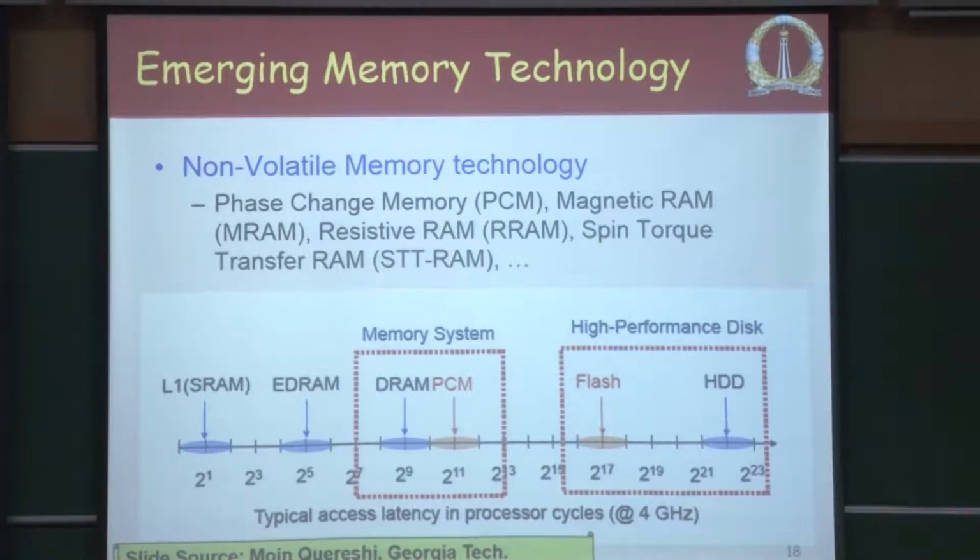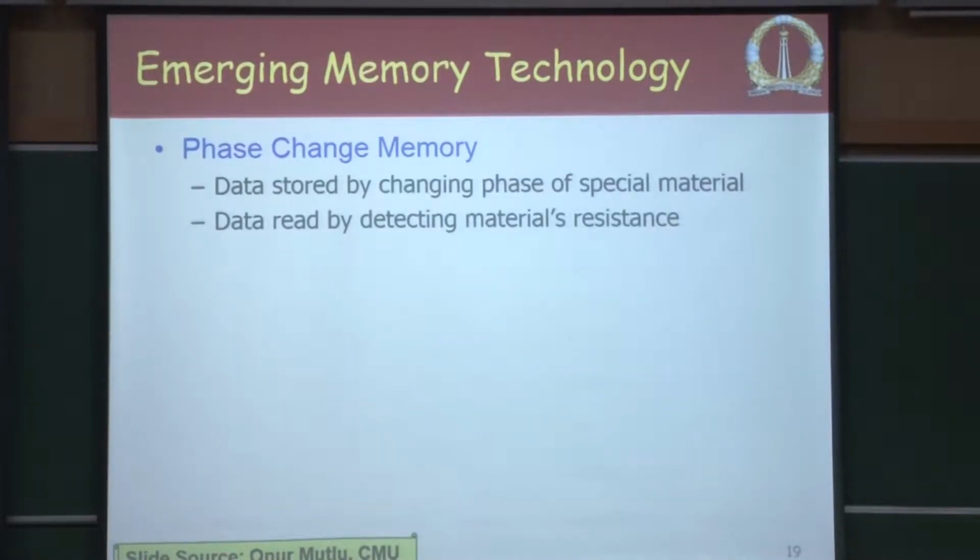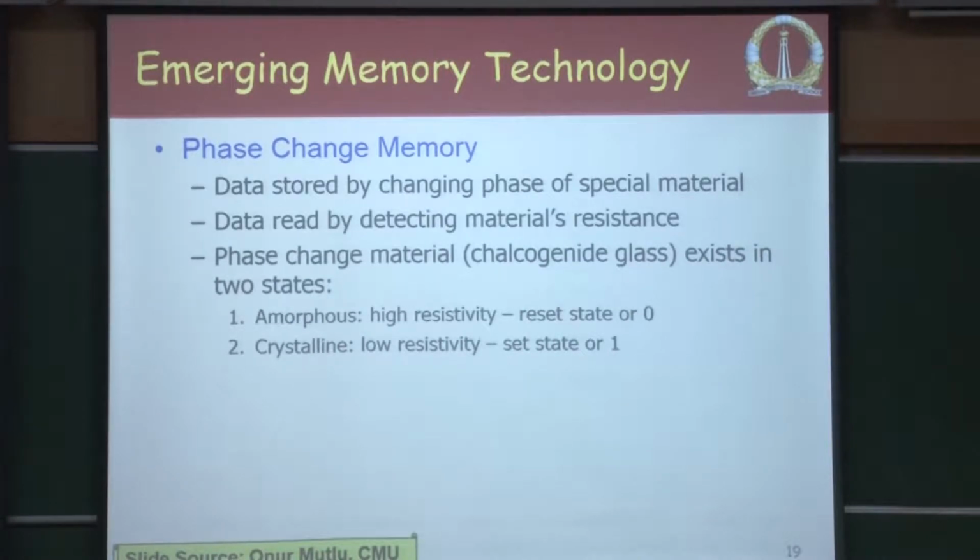Okay. So, a very quick overview of the phase change memory, right. In the phase change memory, the data is stored in a special material, and this material's resistance actually changes. The resistance changes because it goes through two phases. Okay.